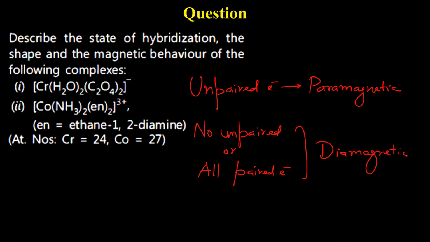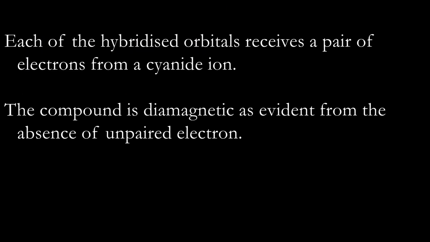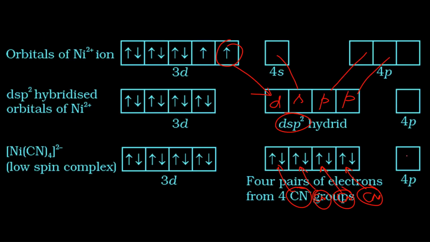So both diamagnetic and paramagnetic are possible even if pairing is taking place, right? Try to understand. If you see the previous ones, you might be confused that if pairing is taking place, it has to be diamagnetic.